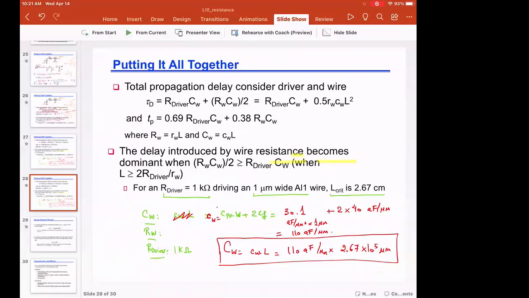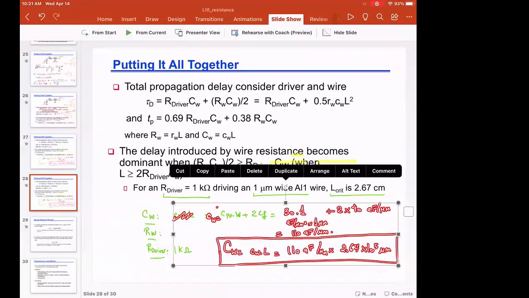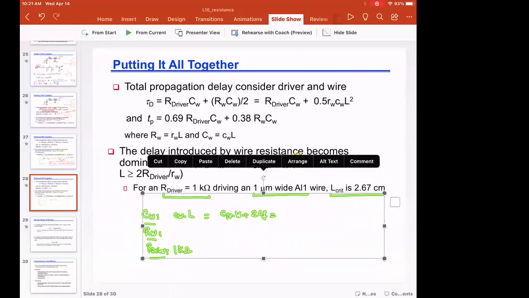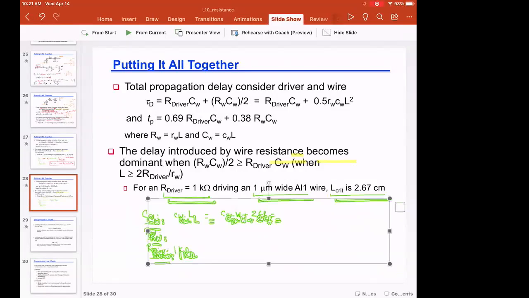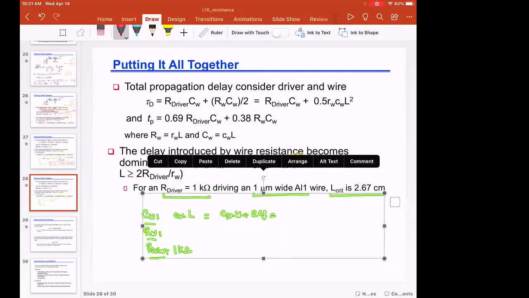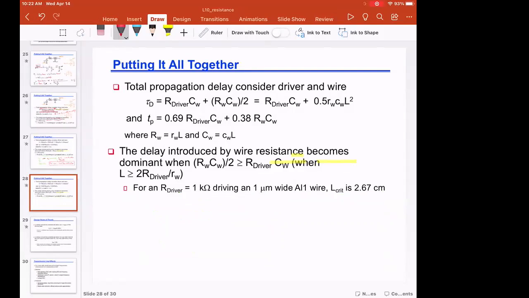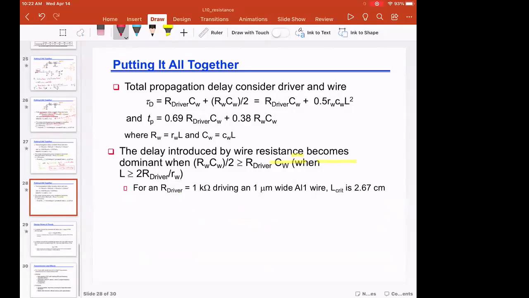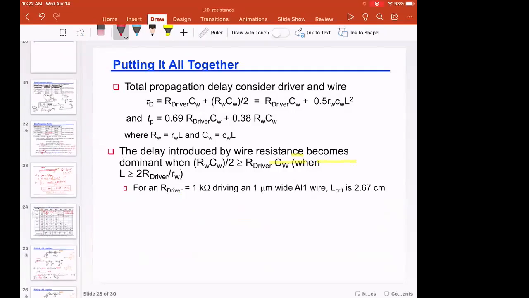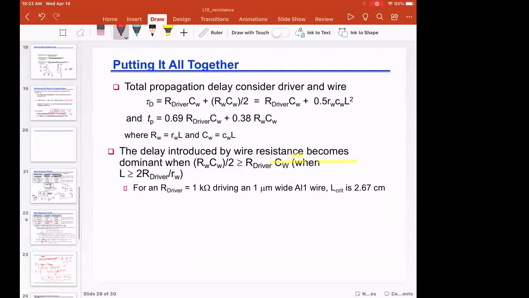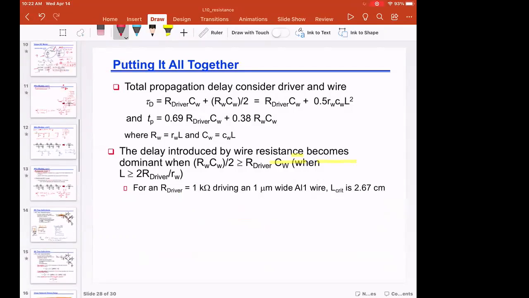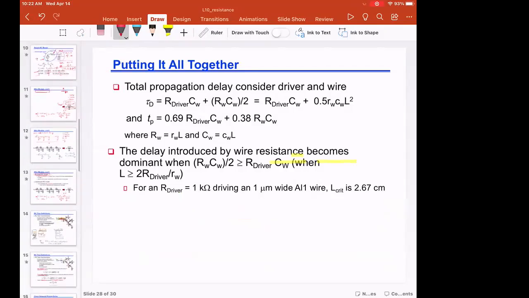Now next I want to look for the wire resistance. So I need to look for aluminum. We have a table. Either we will give you the resistance for aluminum per unit length, or we will give you a table for the resistance of the aluminum. I think the table we gave to you in the previous set of slides.